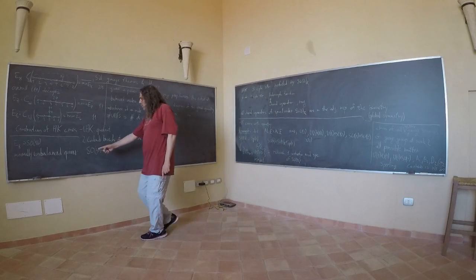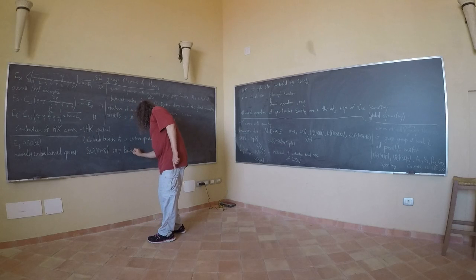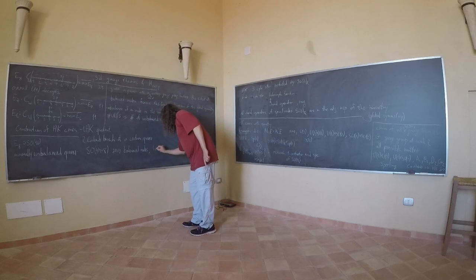And so now what it tells me is that I have 2n+4 balanced nodes and 1 unbalanced.